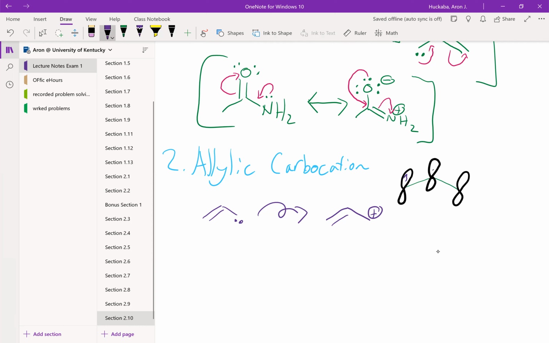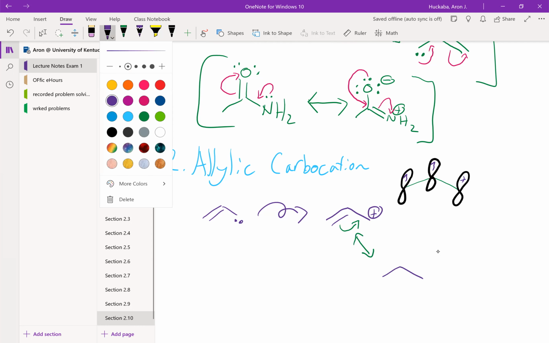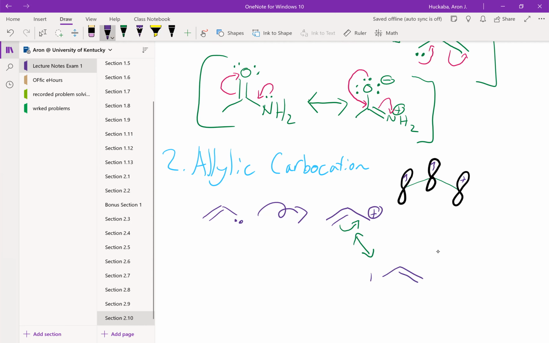And these p orbitals have some electrons, but the other one does not, has nothing, just a positive charge. Even so, you can have a resonance form that looks very simple, where you form the other resonance structure, and then it can also go back to close the resonance form.